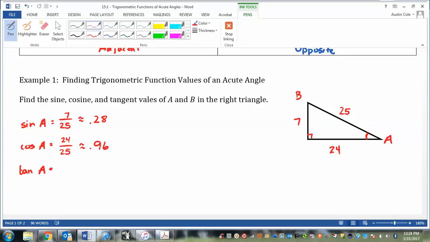And tangent A is the opposite, 7, over the adjacent, 24, which is 0.2917 if we round to 4 decimal places. Questions there?